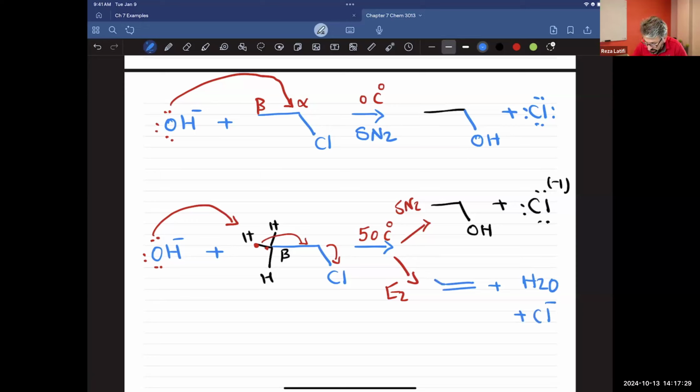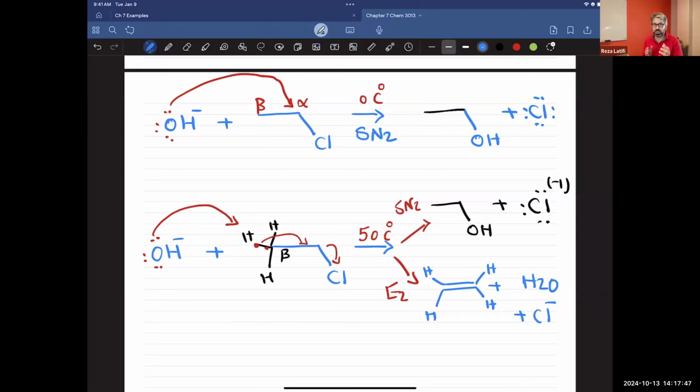So we got the alkene, or elimination product. As you increase the temperature, the SN2 reaction might start shifting to elimination.